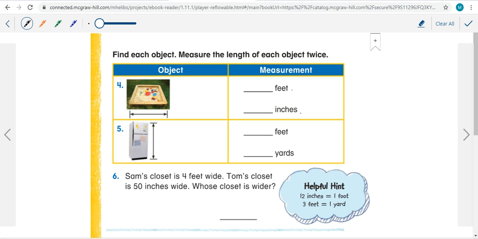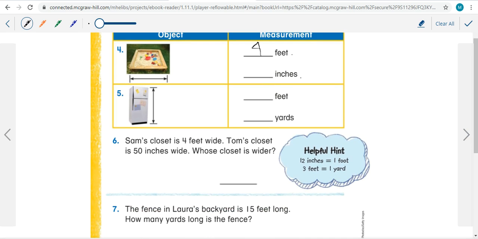Now, this is a sandbox. A sandbox may be about 4 feet, so you need to find how many inches that is. Remember, 1 foot is equal to 12 inches. Now, how about your refrigerator? Maybe about 2 yards.